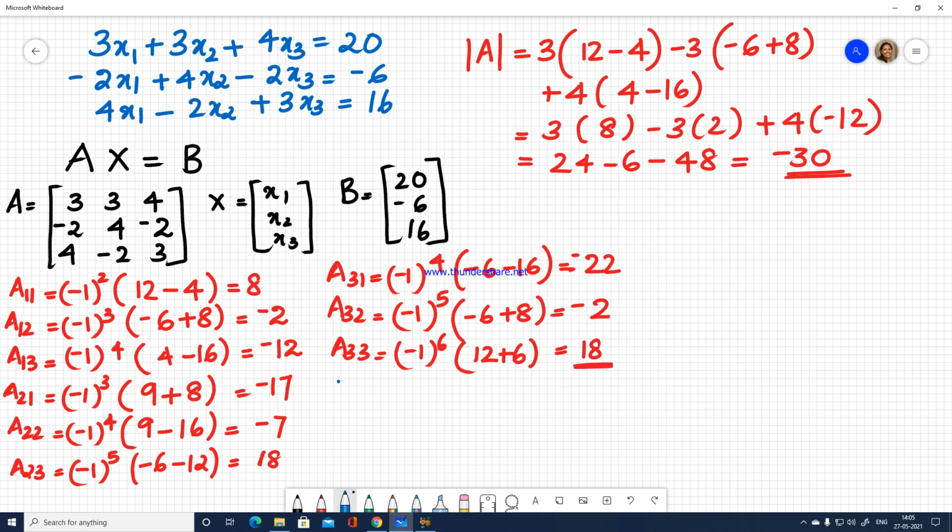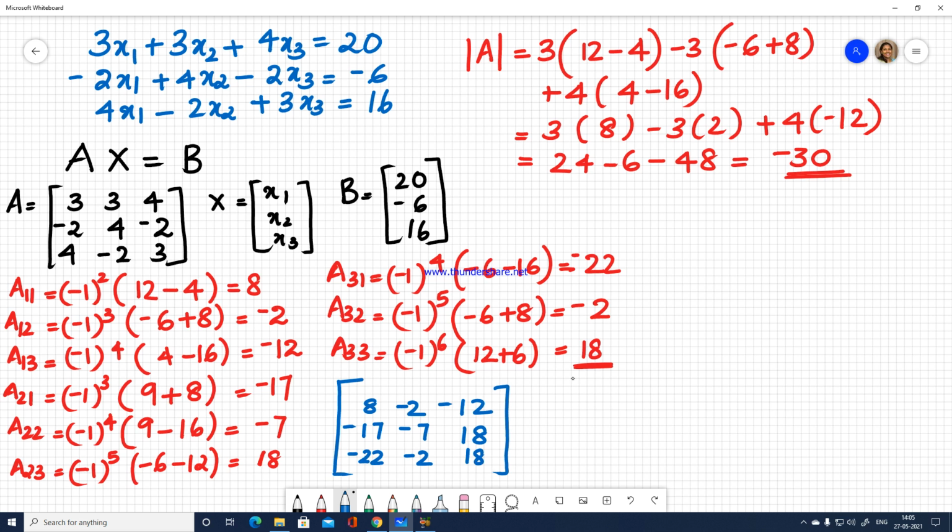Now let's write all the cofactors in their positions. So we get the cofactors as 8, minus 2, minus 12; minus 17, minus 7, 18; then minus 22, minus 2, 18.